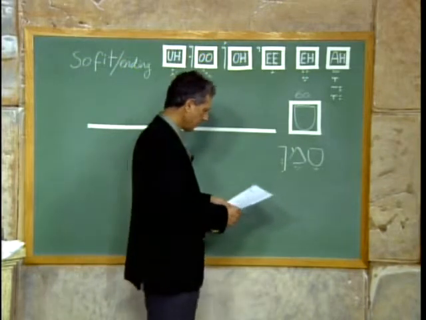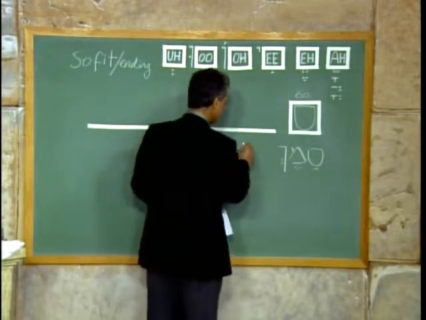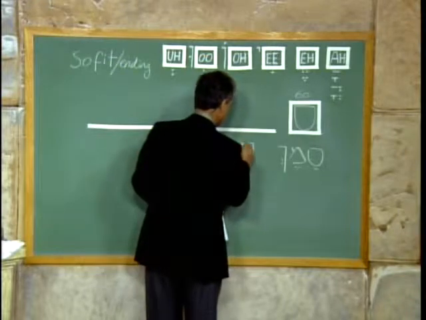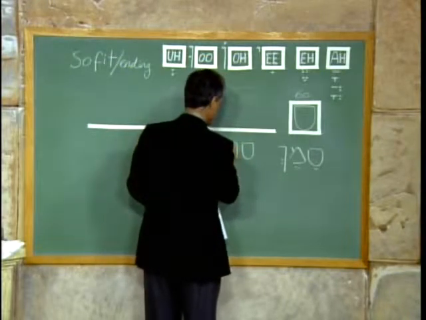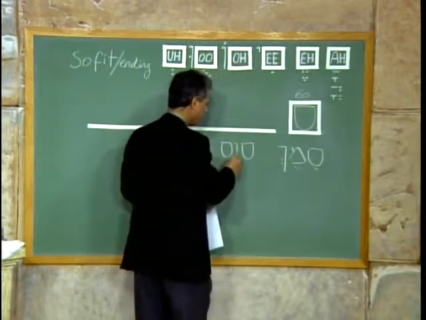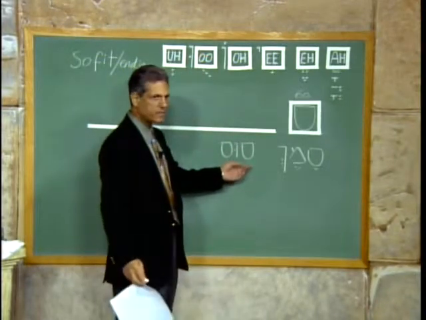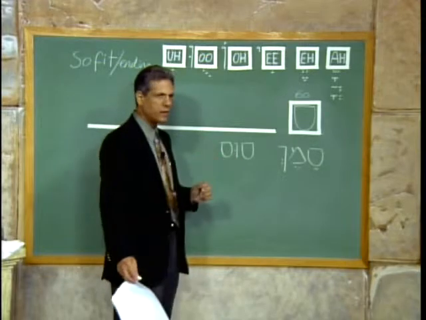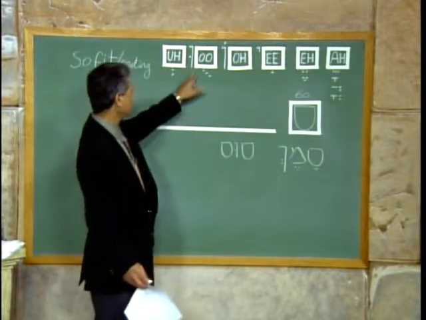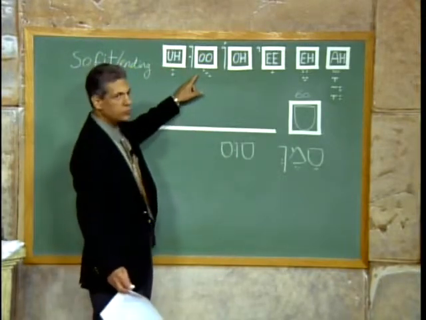Let's see what else comes in Samech. How about this one? Let's read this word. We have a Samech and a Vav and a dot in the middle. That combination comes right from here, which is a U sound.